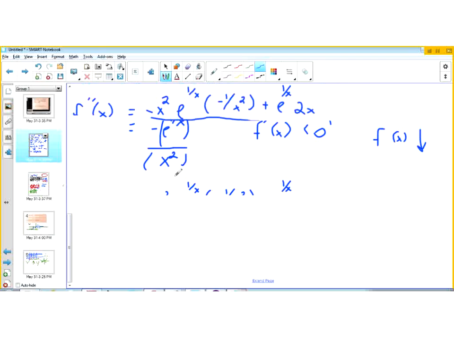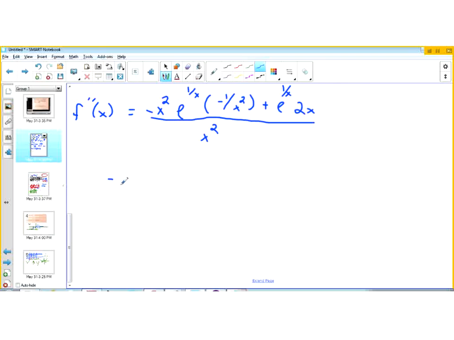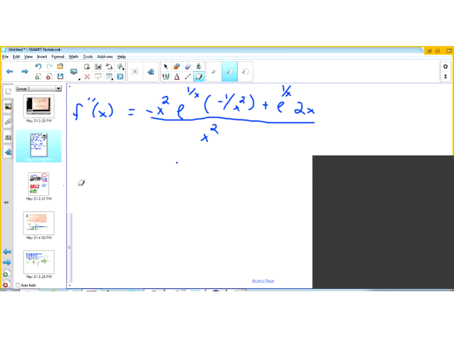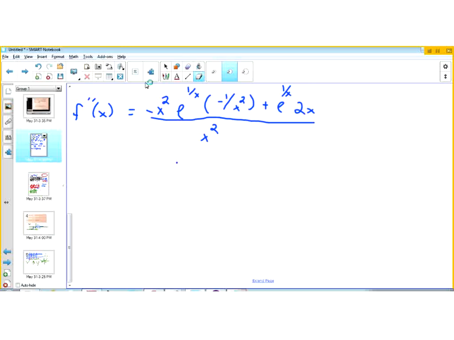So I'll have to simplify that in some fashion. Simplifying that, we can factor out e to the 1 over x. We can factor out an x. And so that would be, let's see here, no wait, hang on a second. We have some cancellations, right?